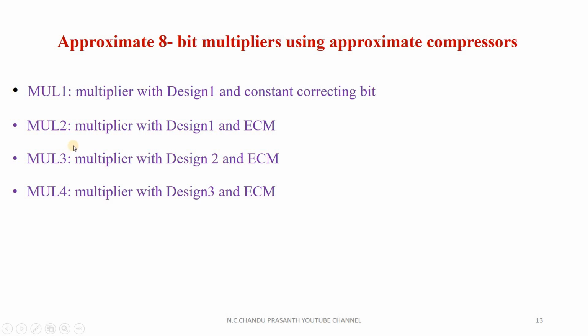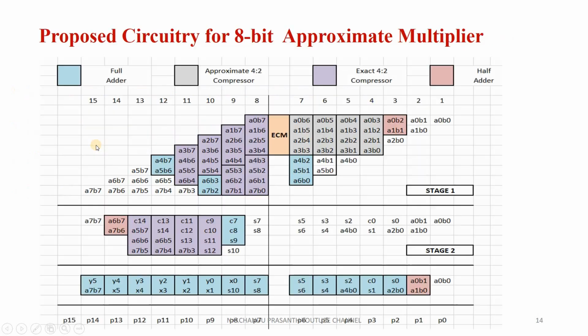See here, it is the proposed circuitry for 8-bit approximate multipliers. Initially we are designing an 8 by 8 unsigned multiplier, which gives an output of 16 bits.